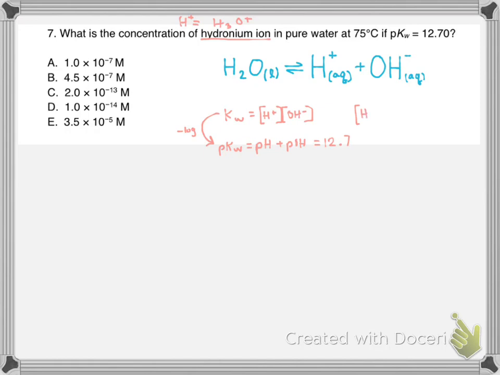Okay, so this is going to be neutral, even though we're at a different temperature, and we'll get different pHs and stuff out of it. And so here we can just say pH is going to be equal to pOH, which is just going to be equal then to half of 12.7. So this is going to be equal to 6.35.